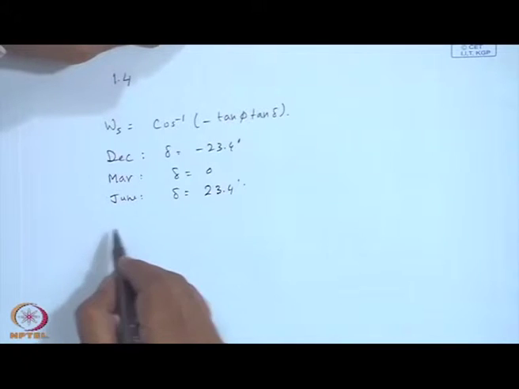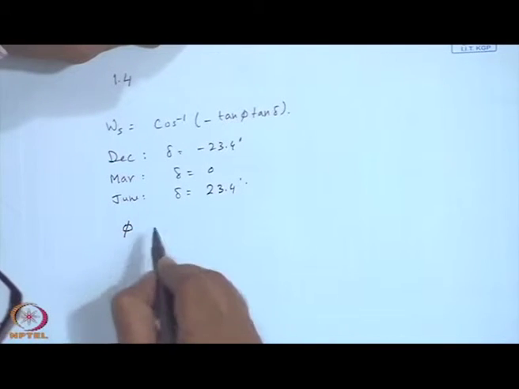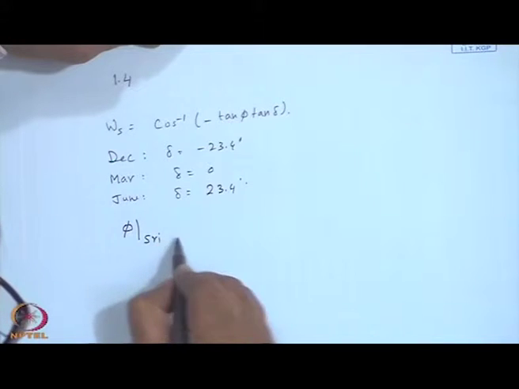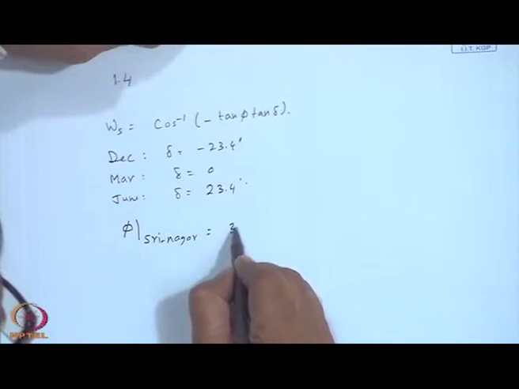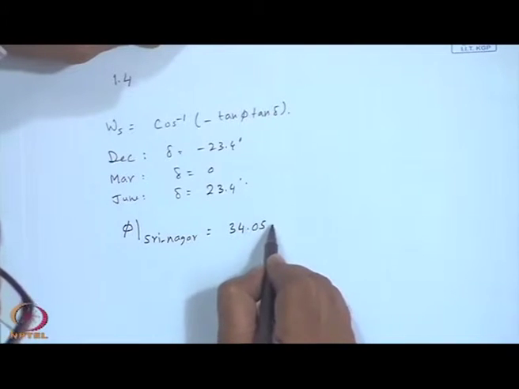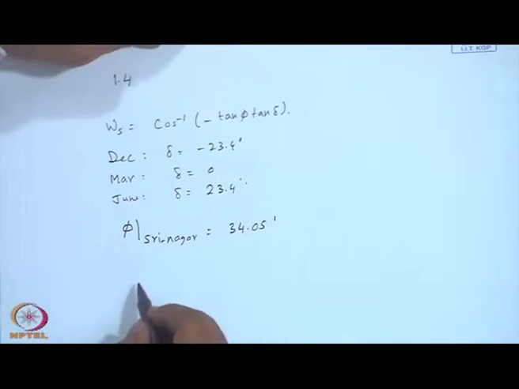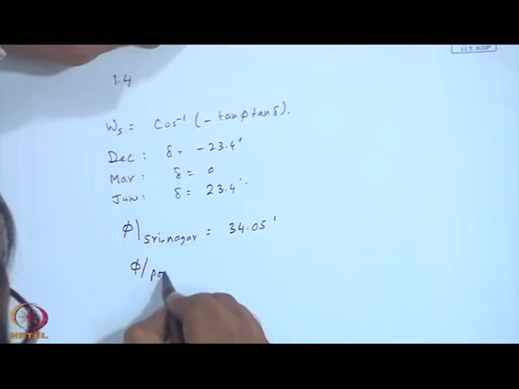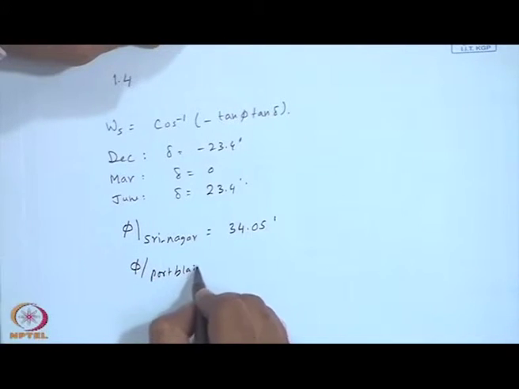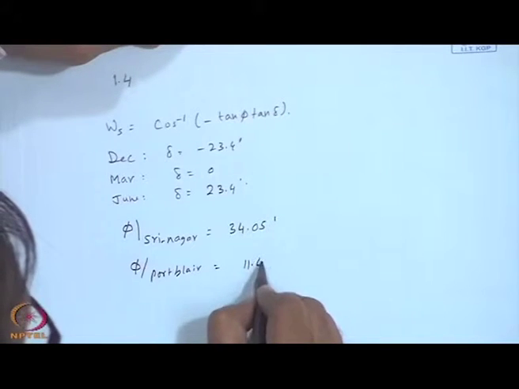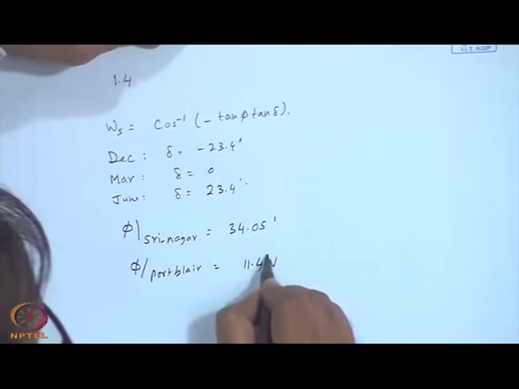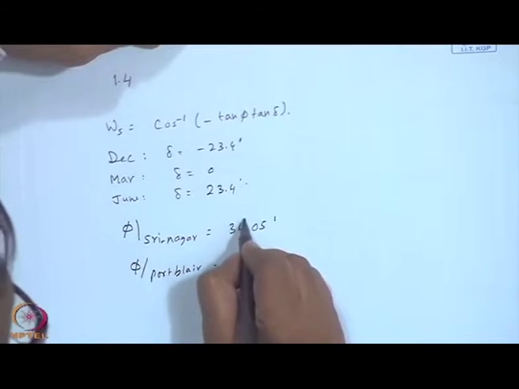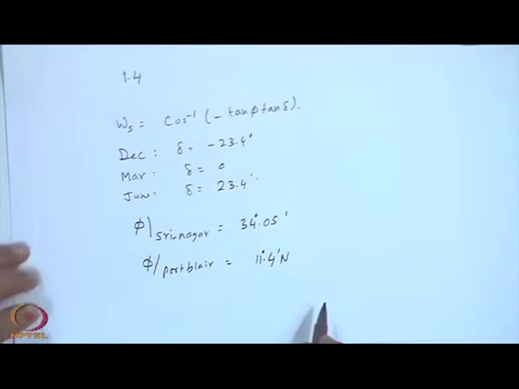The latitude of Srinagar is 34.05, and then Port Blair, given in degrees and minutes.